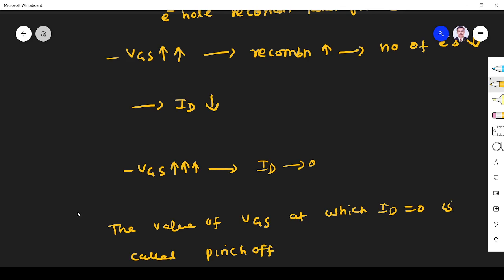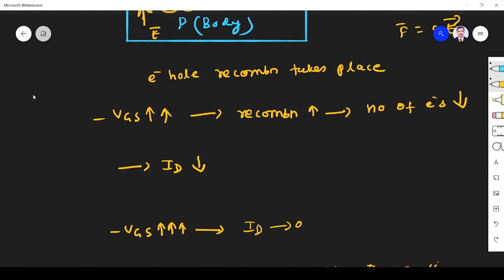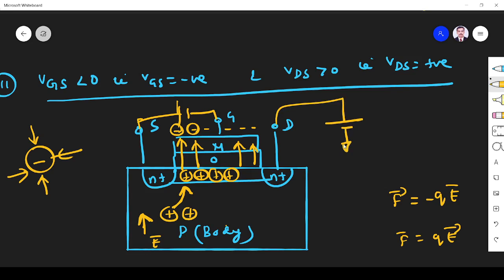One other thing that happens here is when you increase VGS and VDS, we know VDS is positive here. Here you see it is P-type and this is N-type. VDS is positive, and the source is grounded, so S is 0. So I can call this VDS.